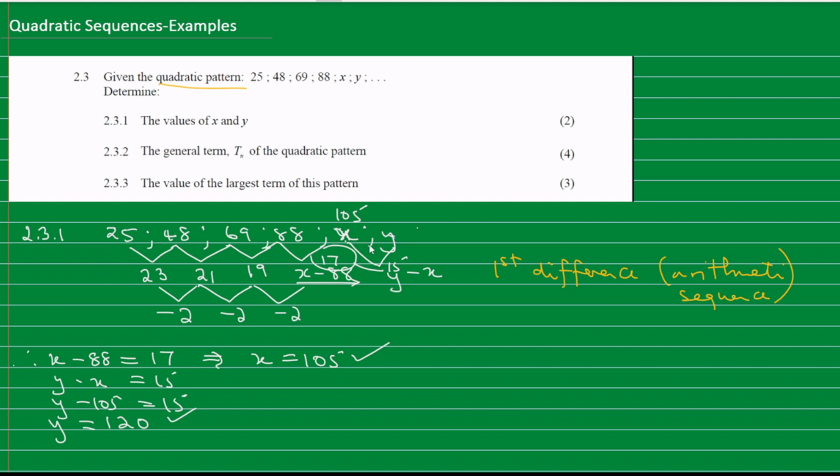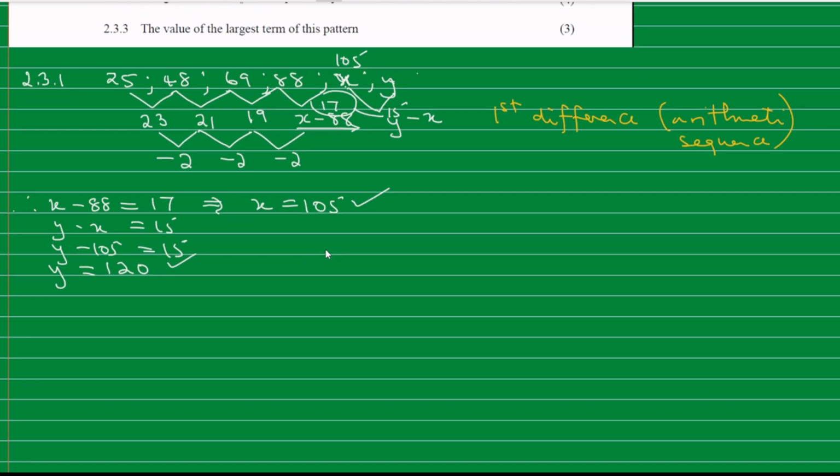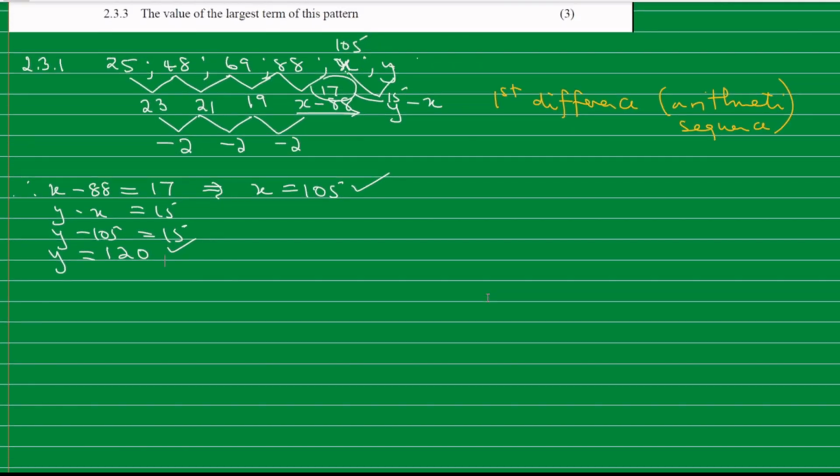Another way, if you don't want to do the subtraction, as you might have noticed here, is to take it like this. I explained this one in another video. 25, 48, 69, 88, x, and y.